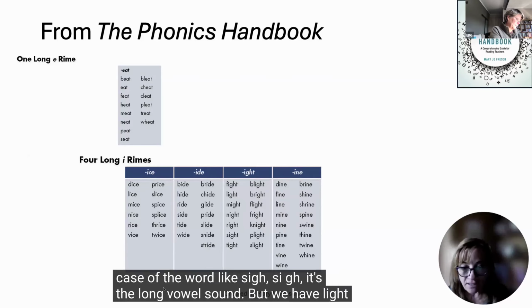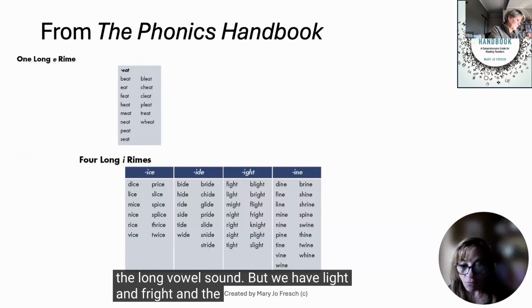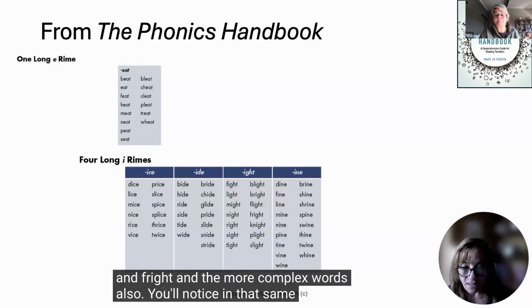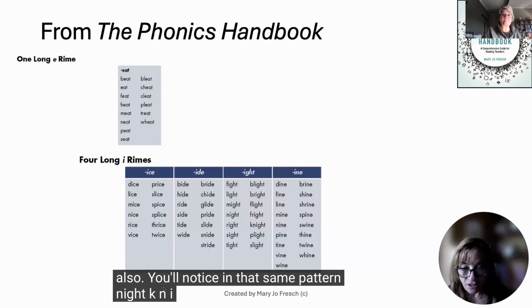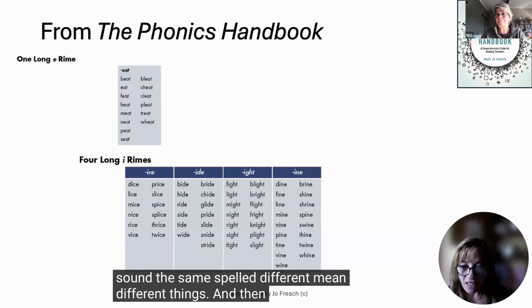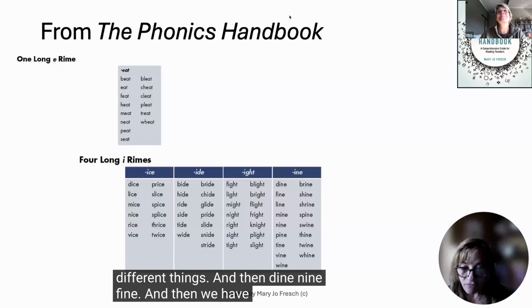But we have light and fright and the more complex words. Also, you'll notice in that same pattern, knight, K-N-I-G-H-T, and night, N-I-G-H-T, sound the same, spelled different, mean different things. And then ine, dine, nine, fine. And then we have shrine and twine.